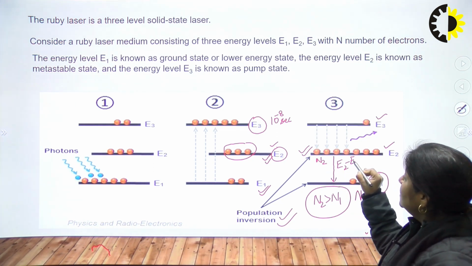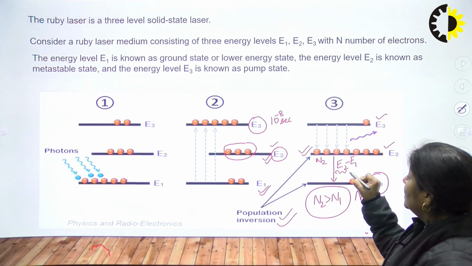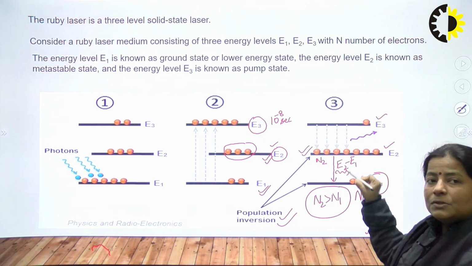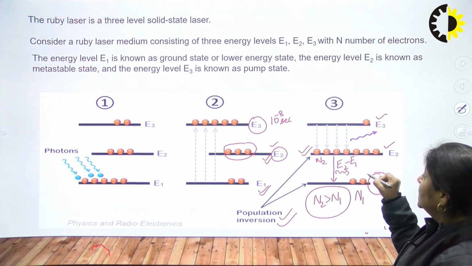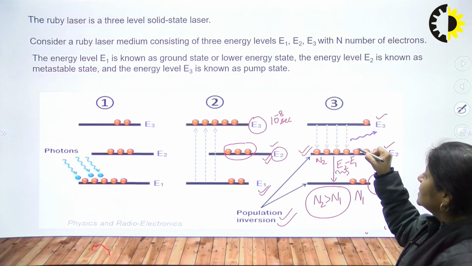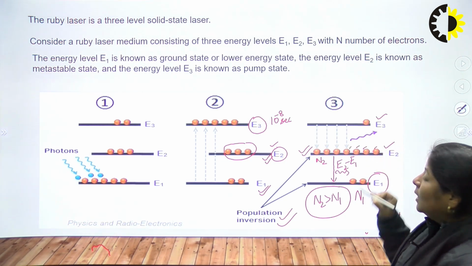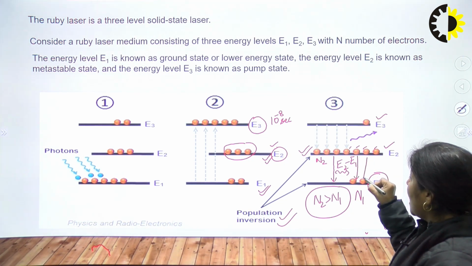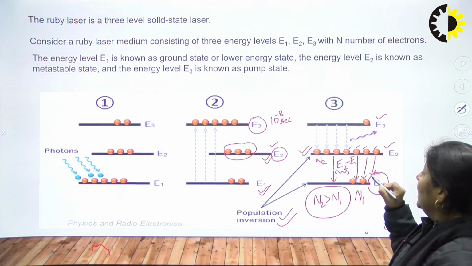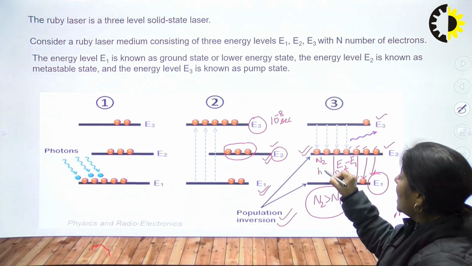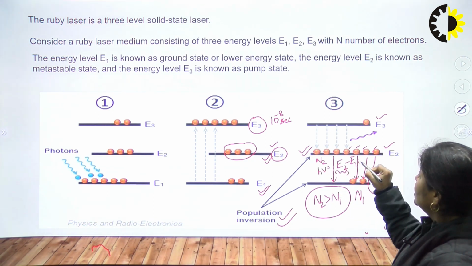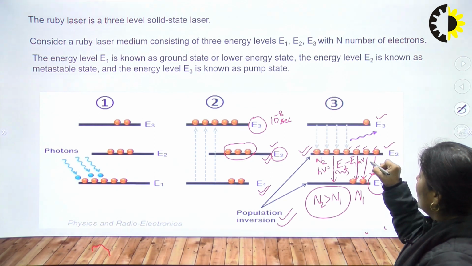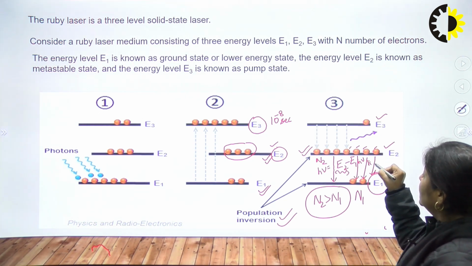Now this radiation or energy will be absorbed by these atoms, and all of these atoms will start coming down simultaneously, emitting the same type of radiation which was emitted by this atom.